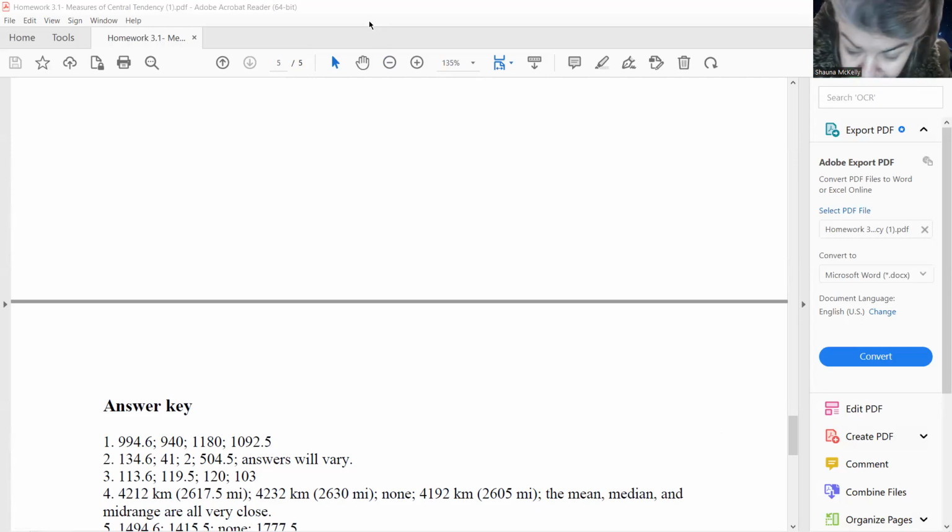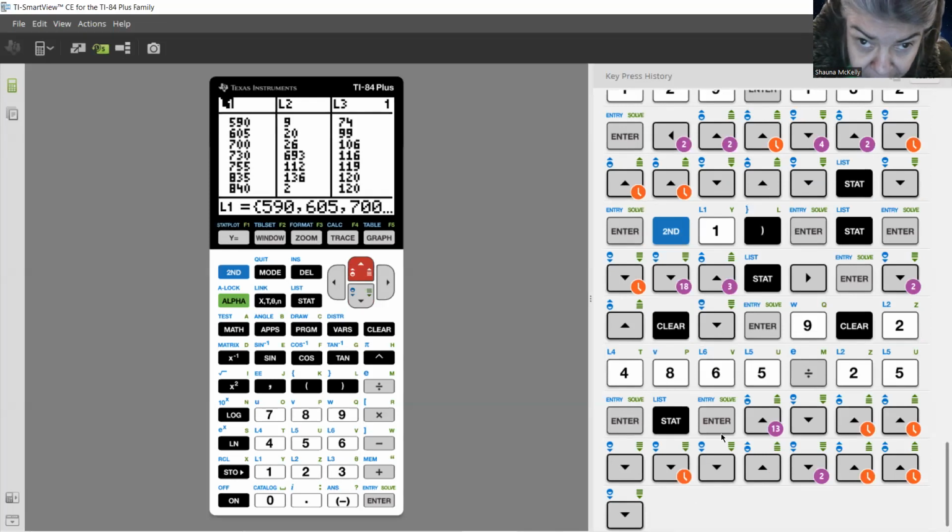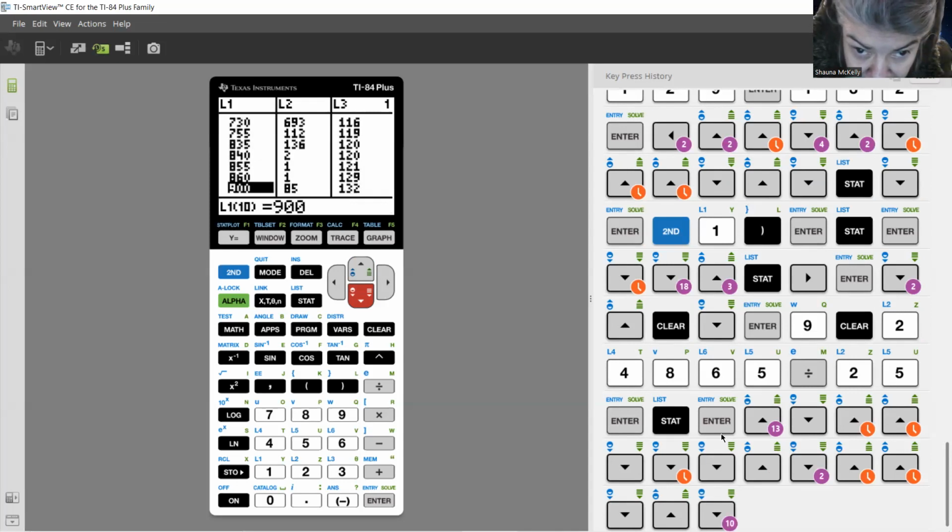So here you want to look at your list and you want to pay attention to the numbers that are repeated. So there's a 590, it doesn't repeat. 605 doesn't repeat. 700 doesn't repeat. You want to pay attention to anything that's repeated. And what I'm noticing here is that, okay, the first number that I see repeated is 1180.